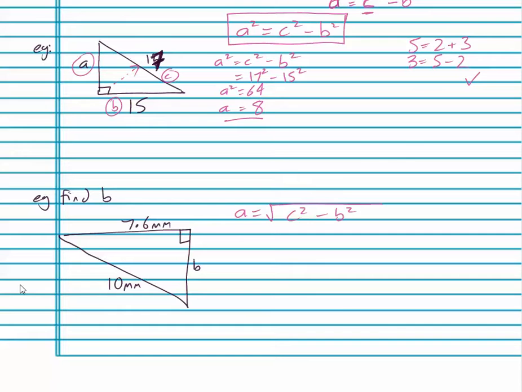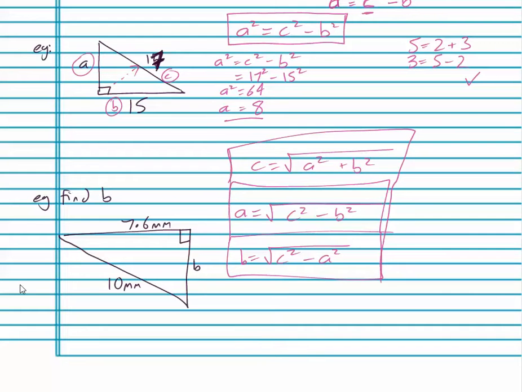Only use it if you're sure all you're doing is finding the short side. Now, we could write it like that, or we could write b equals the square root of c squared minus a squared. Either one is fine. And in fact, we can write the original theorem as c equals the square root of a squared plus b squared. It's just putting the square root in the theorem. So any of those are fine.